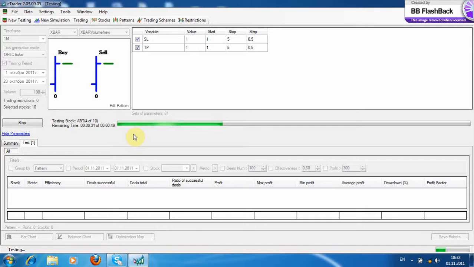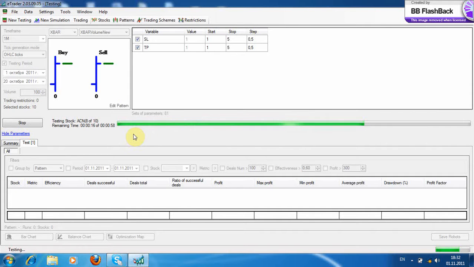What I'm doing right now is testing 10 stocks for presentation purposes, and it's going to take less than a minute to see the results of the test for 20 days.